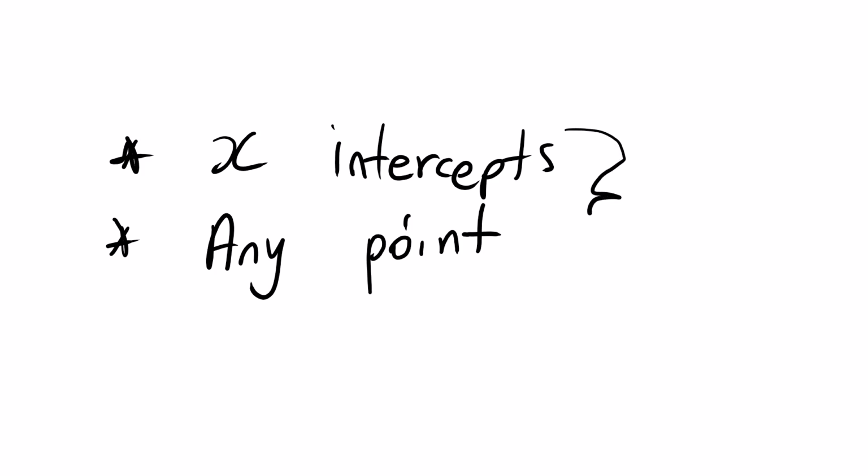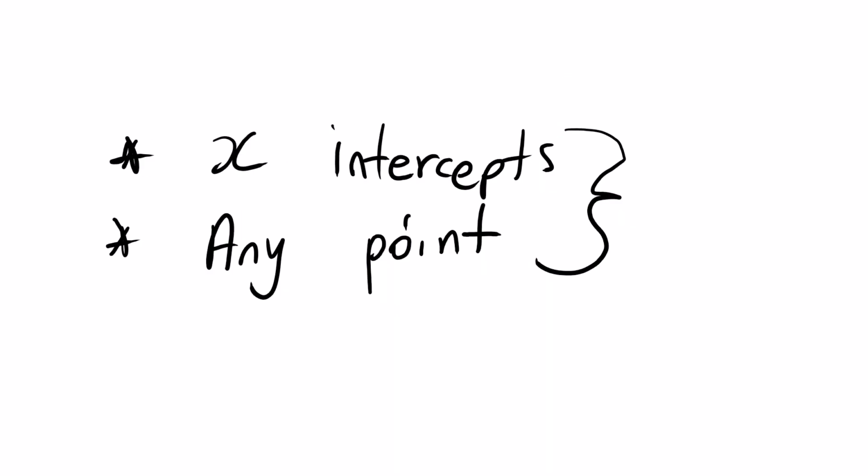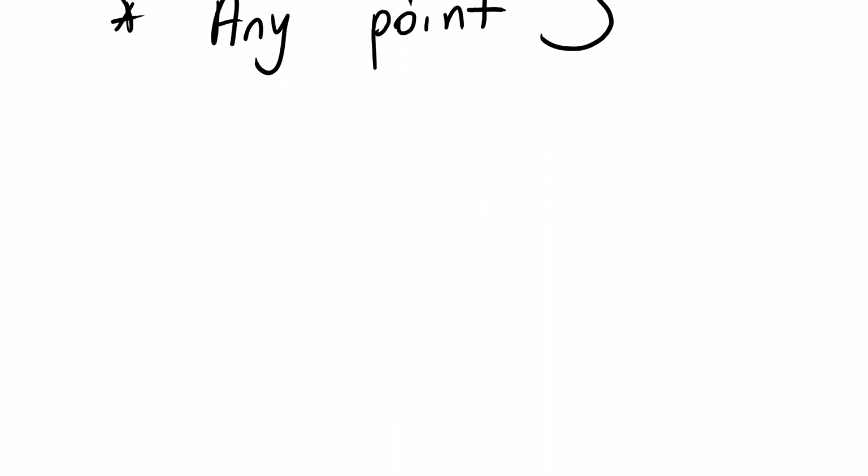So we actually need these two things. Now in this case we have the x-intercepts and the turning point, but it can be any point. It doesn't necessarily mean it must be the turning point, but in this case you're given the turning point.